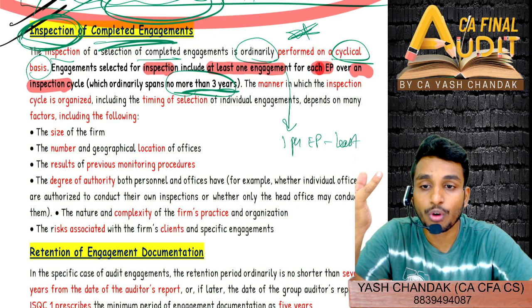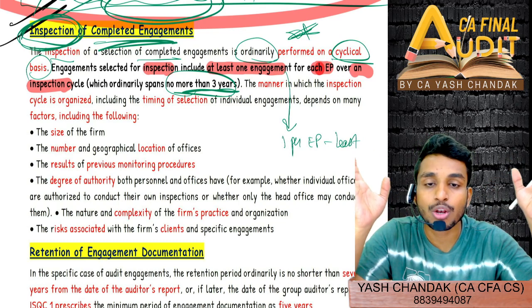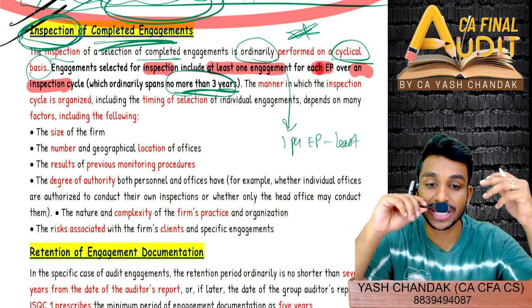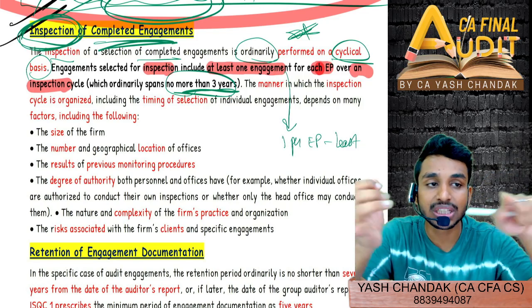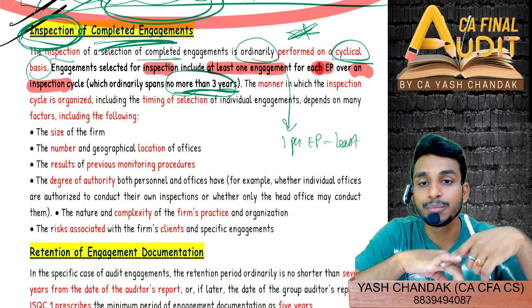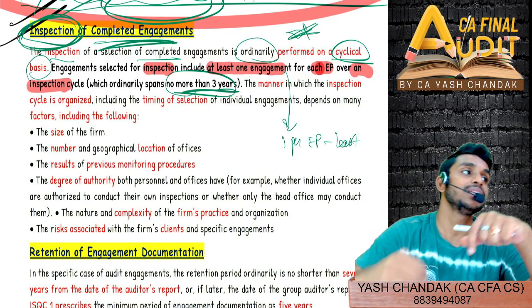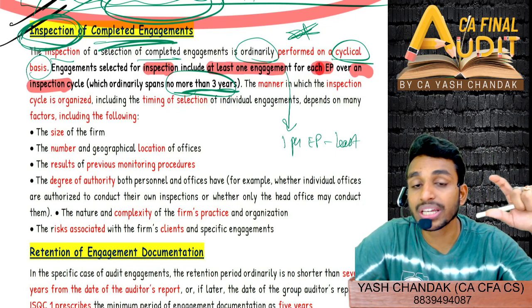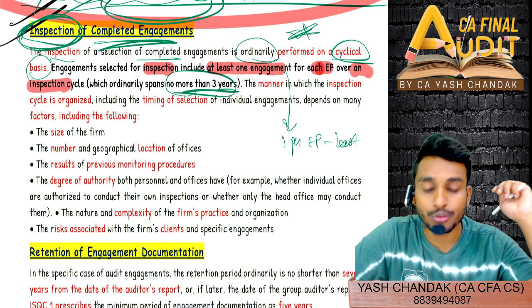All these points, whatever he's saying, Suneshwaran, will come here also. Like how many engagements you should pick up for your inspection will again depend on the number of location branches you have as a firm, how many partners you have, and whether the quality control standard is properly implemented or not. That is what we used to see there also.